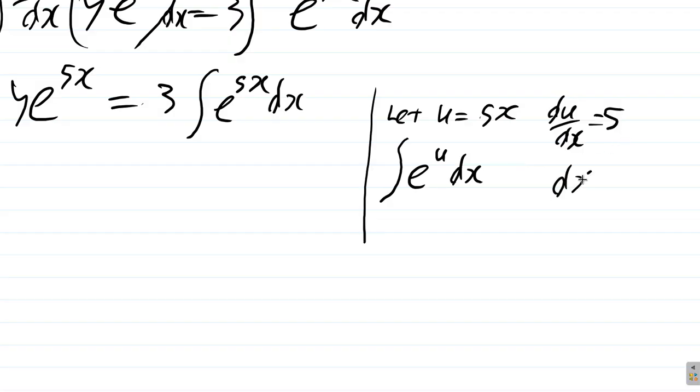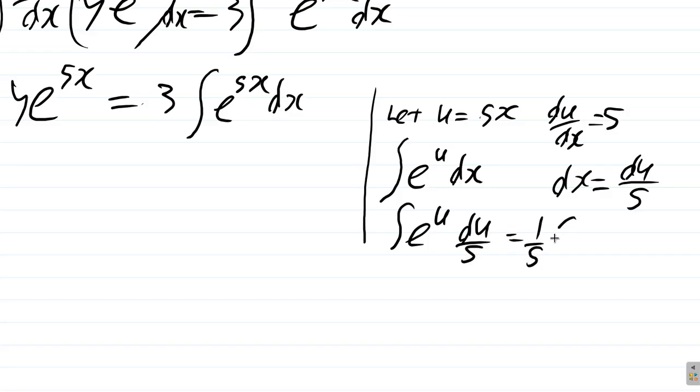That means dx is equal to du over 5, right? So what you have is the integral of e to the u du over 5, same thing as 1/5 integral of e to the u du. When you integrate e to the u du, what do you get? You get e to the u plus c, right?